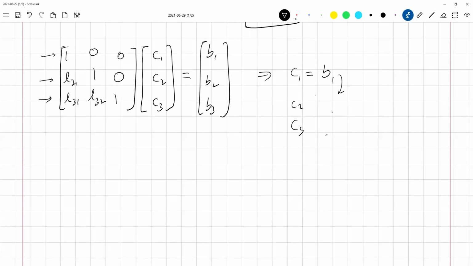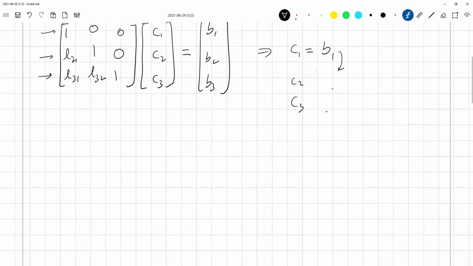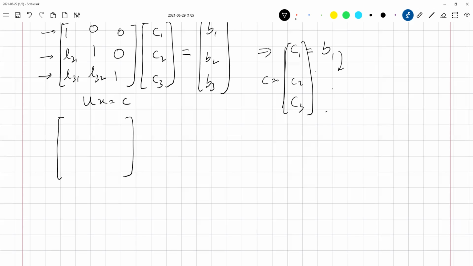Now what can I do? Let us look at our other equation, which is Ux is equal to C. C is now known to me, since I already found it. Now x1, x2, x3 is equal to C1, C2, C3.